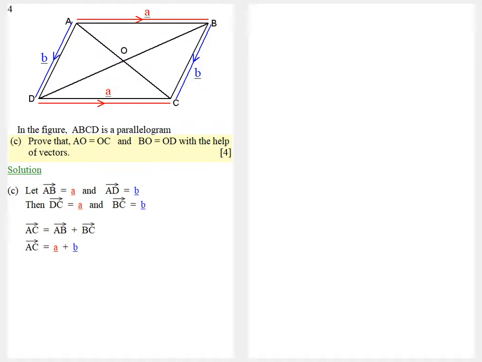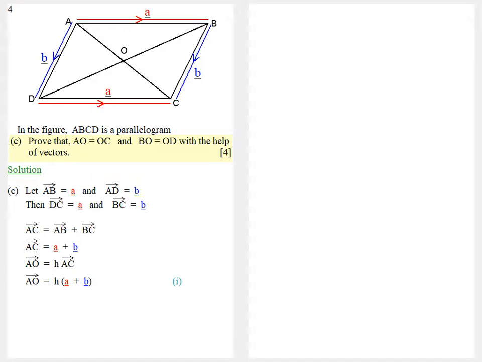Now, AO is part way down AC. That means the vector AO is a constant times the vector AC. So let's say AO equals h AC. Now changing AC, we've got AO equals h into vector a plus vector b.